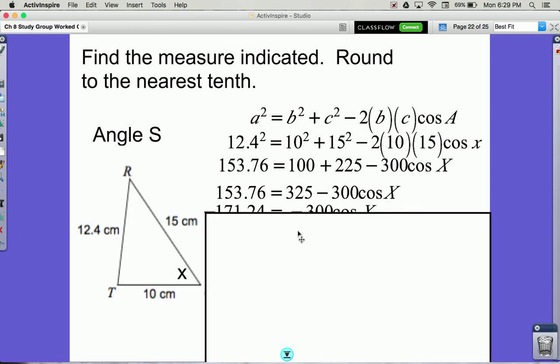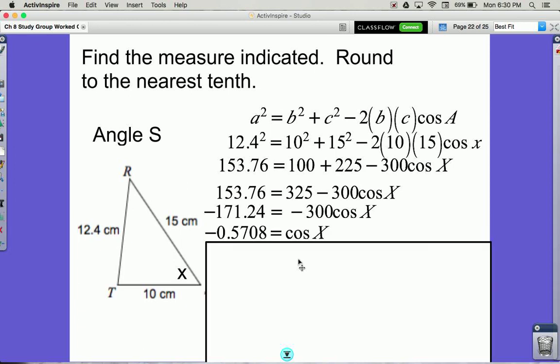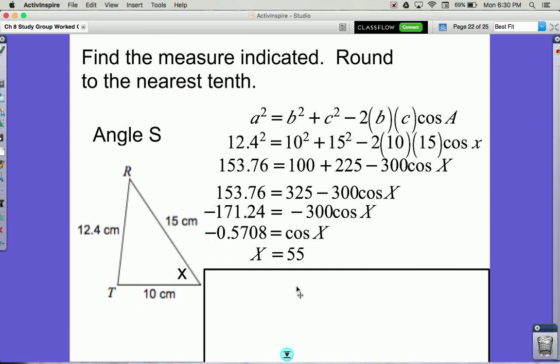So I subtract 325 and I get negative 171.24 equals negative 300 cosine of x. Divide by negative 300 and I get negative 0.5708 equals cosine of x. I'm going to find the inverse cosine of that decimal, and I get that x equals 55 degrees.